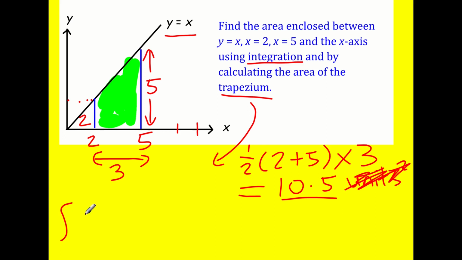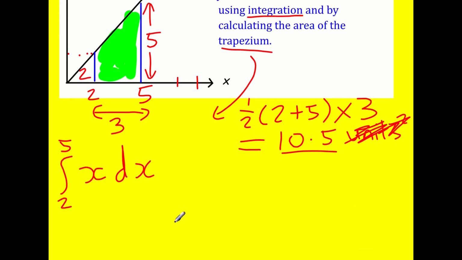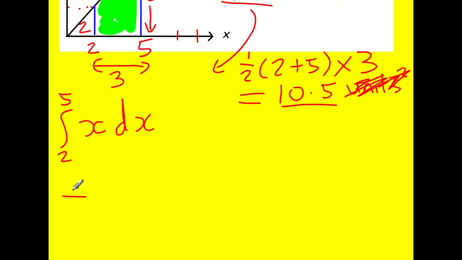Then the integration way will be to do the integral of x with respect to x between 2 and 5. That's going to give us these square brackets. We always do that. Please do that. Half x squared: increase the power by 1, divide by it. I just brought it down as a half instead of x squared divided by 2. This time I'm going to put my plus c in.